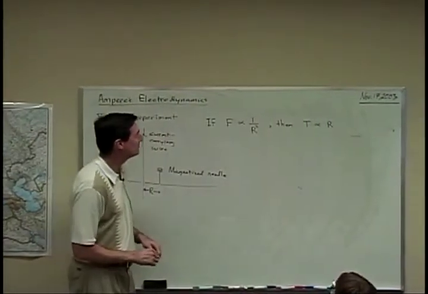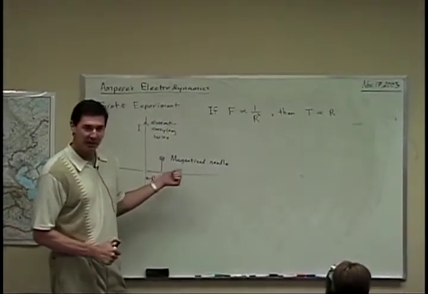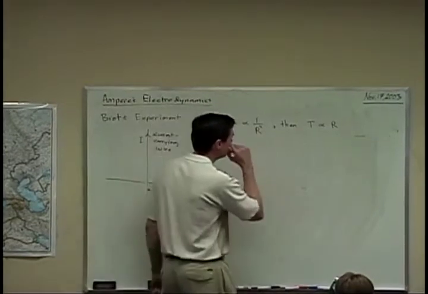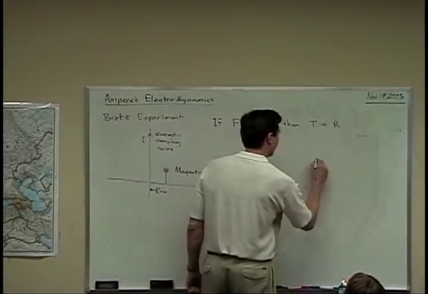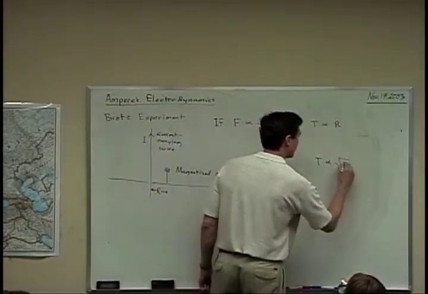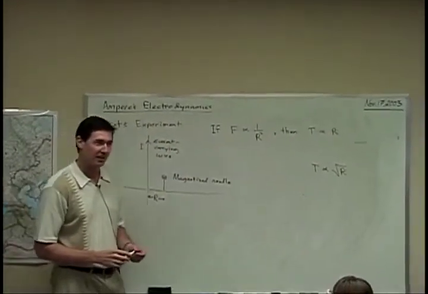So what Biot actually finds here is that the period seems to go as the square root of the distance r.